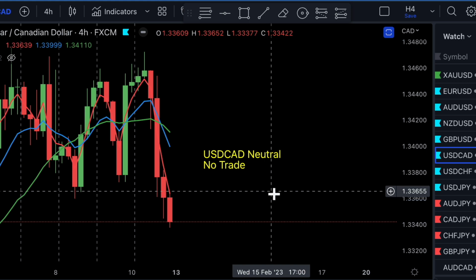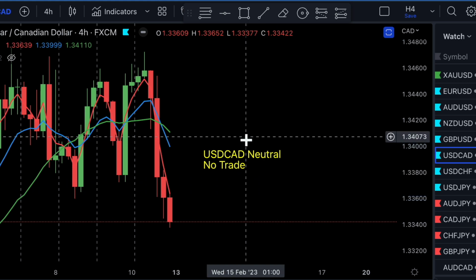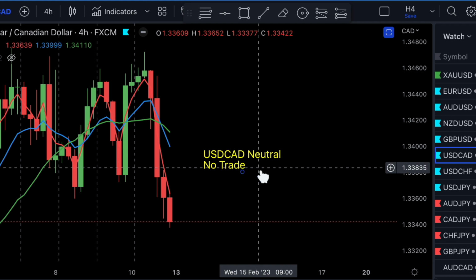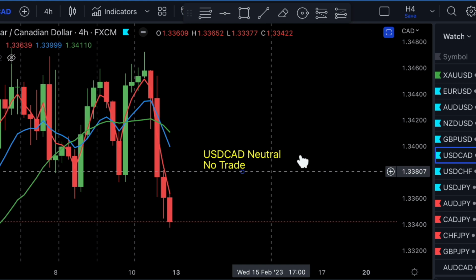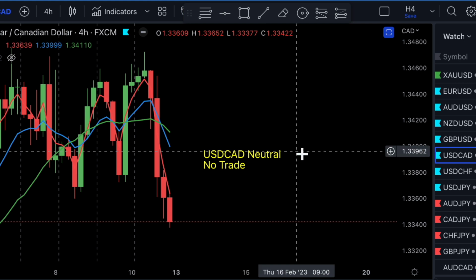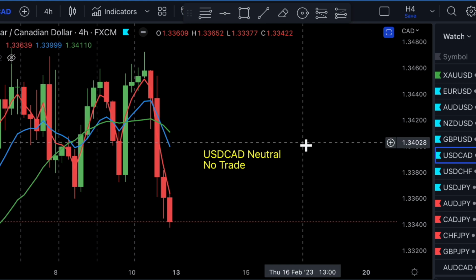So there's no clear direction. The US dollar went sideways all week, as I showed you on the DXY chart. So for this particular pair, the USD CAD, I prefer to wait and see whether it's going to continue a bearish move or it will turn around and continue its bullish move, which started last week. So no trade on the USD CAD.